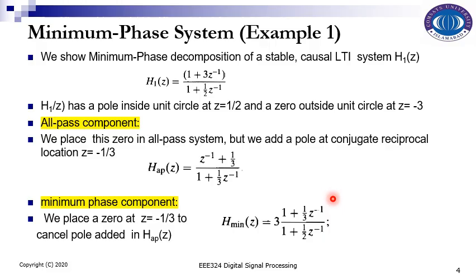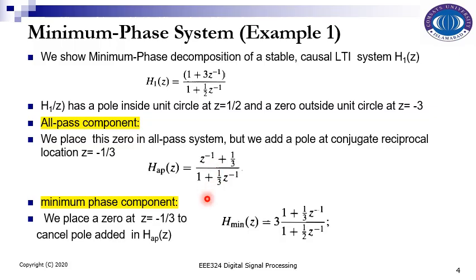We make another copy of it at the conjugate reciprocal position that we see over here. So there is a zero added over here, and this is part of our minimum phase system, and this is our all pass system.